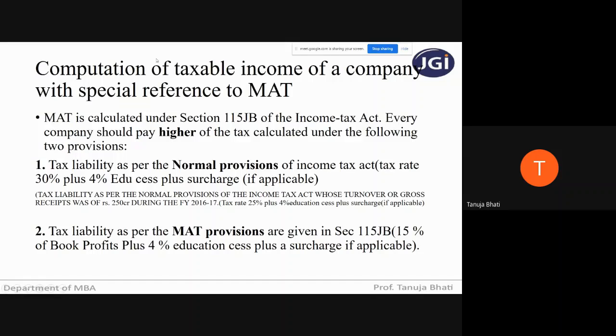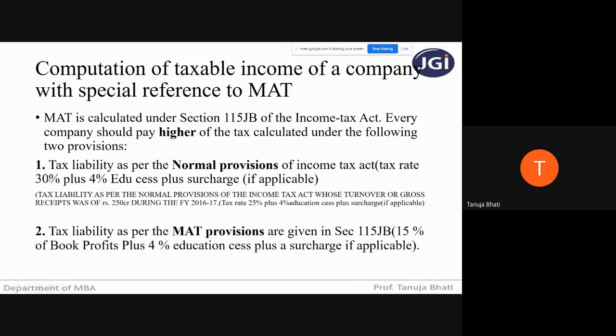So let us see the computation of taxable income of a company with special reference to MAT. So MAT is calculated under section 115JB of Income Tax Act. Every company should pay higher of the tax calculated under the following two provisions. Provision number 1 is tax liability as per the normal provisions of Income Tax Act.